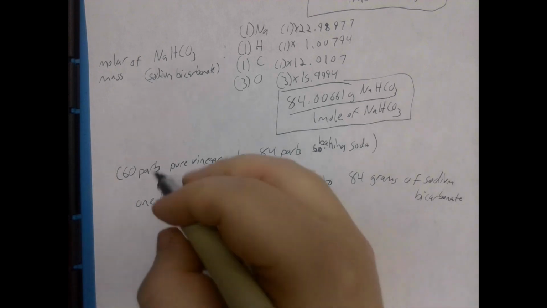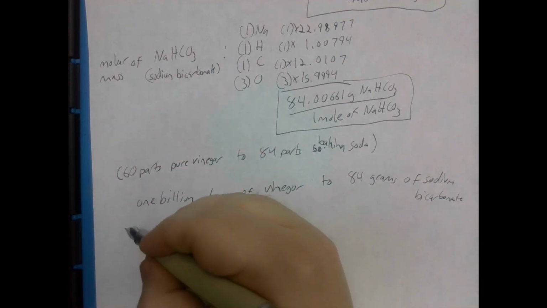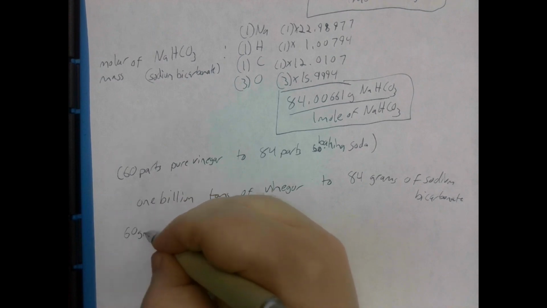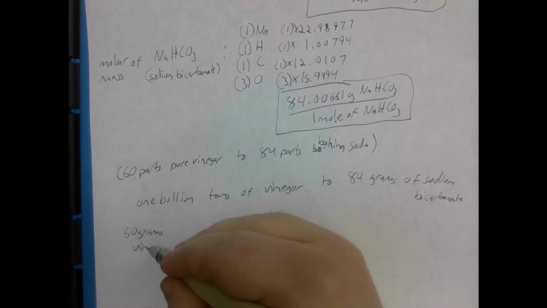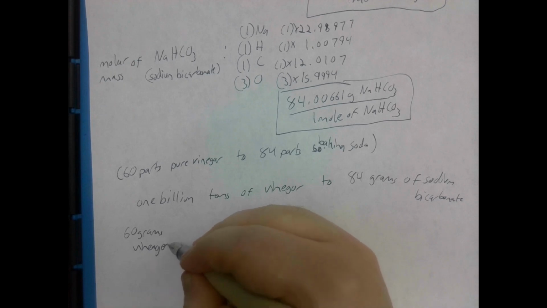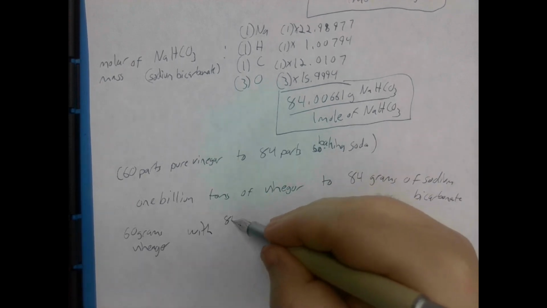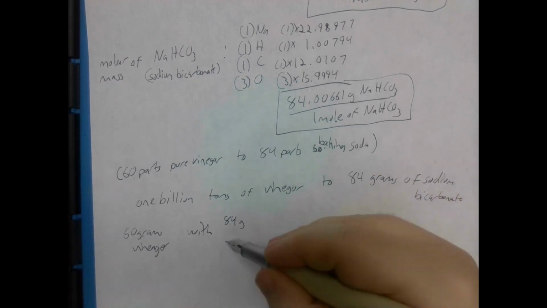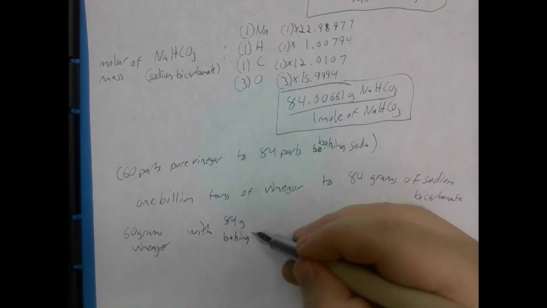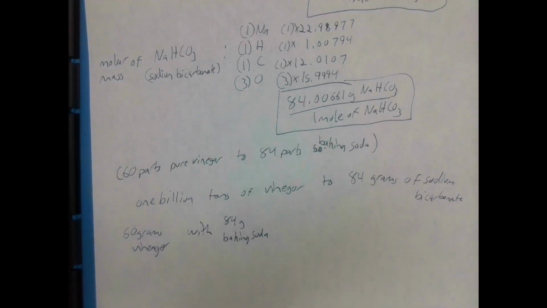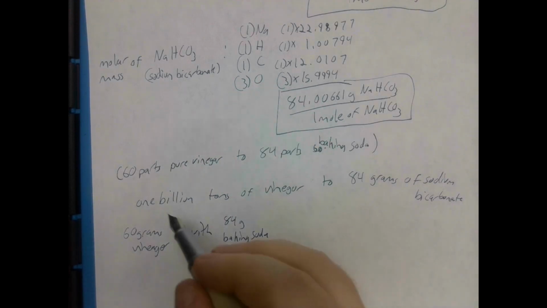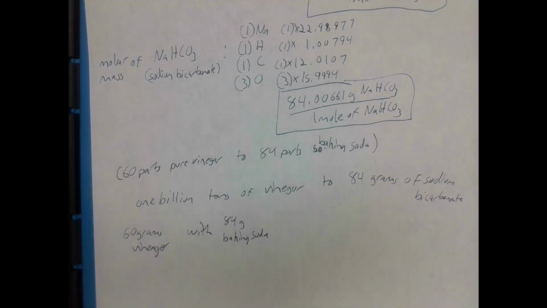How does it differ from 60 grams of pure vinegar with 84 grams of baking soda? How does this equation change if I change 60 grams to a billion tons? How does the result change?